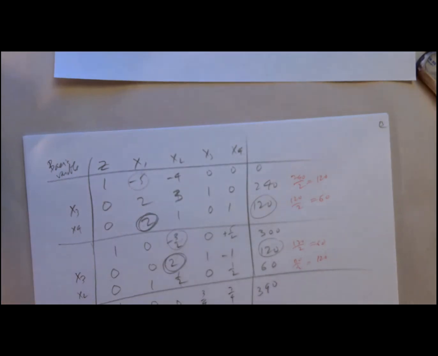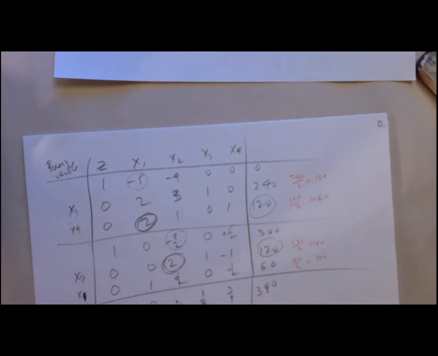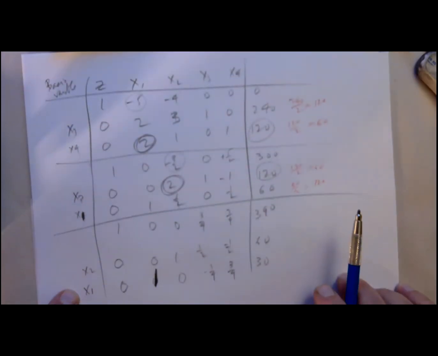And now my basic variables are x1 and x2, and there's no negative number here.